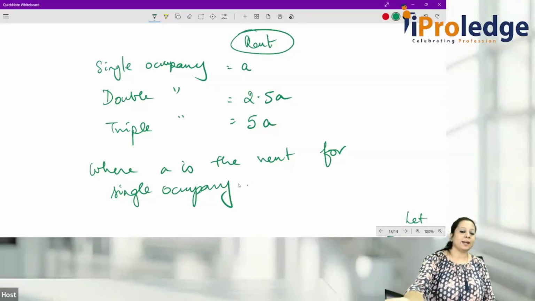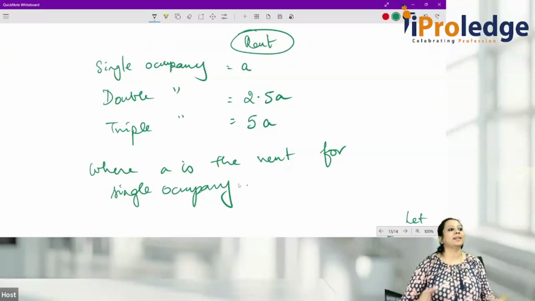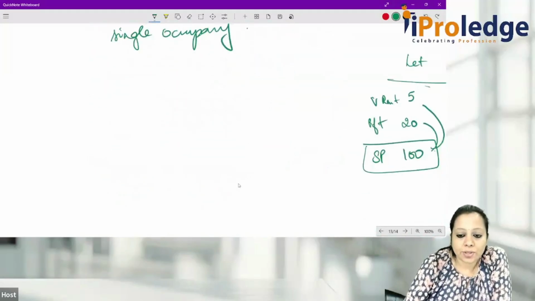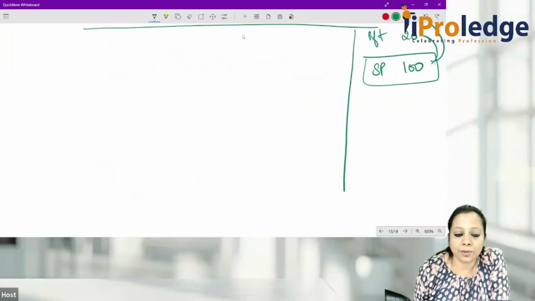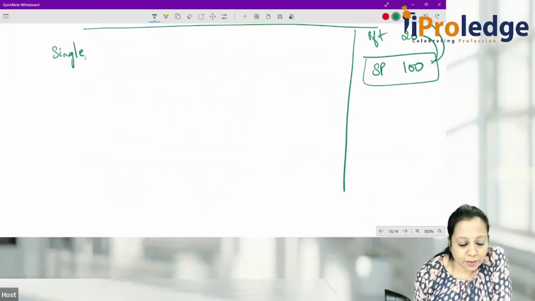Accordingly, we will use this A, 2.5A and 5A for the three categories of rooms and equate it to the total sales. Then we'll be able to find A, and accordingly 2.5A and 5A also. Okay. So that is the idea. So now we will start doing it. If you have not understood, as we do, you will understand. So now for single, double, and triple.